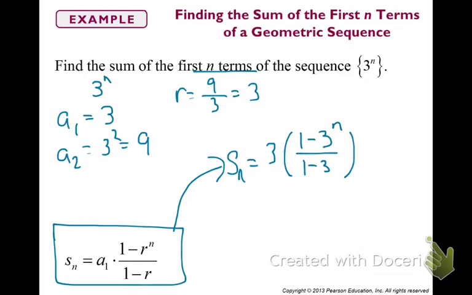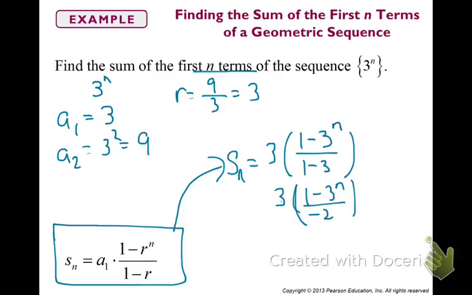What can we simplify in here? What can we do? We can simplify that. So that would be what? -2. So on the outside, so let's do that. 1 minus 3 to the n over -2. Now what can we do? What can we do with the -2? Yeah, we're going to bring it to the outside.